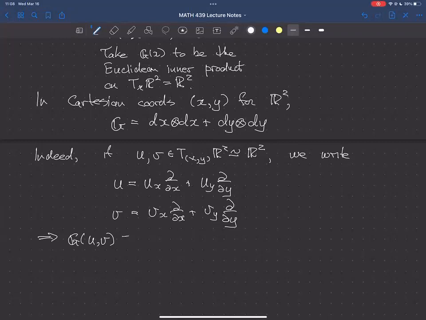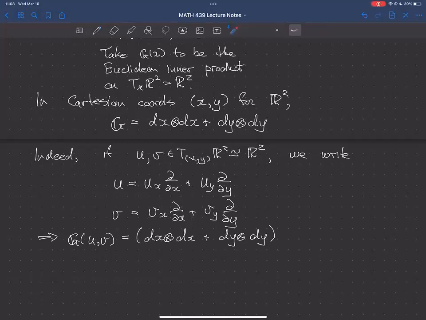It's simple, but you should do the calculations once in your life in full detail. So it's dx tensor dx plus dy tensor dy. That's the bilinear mapping.